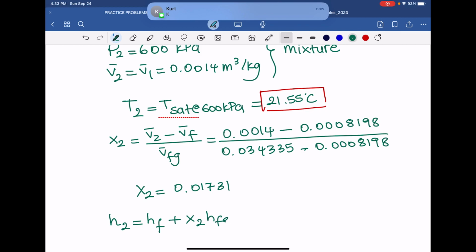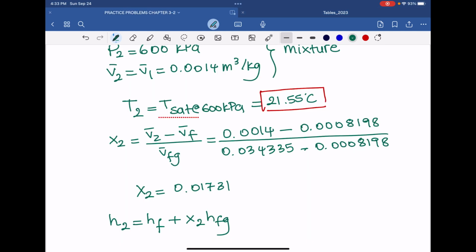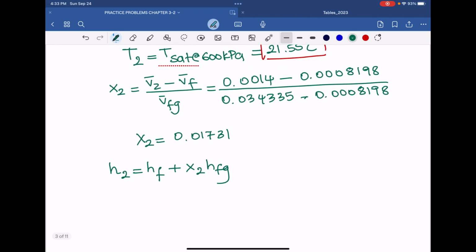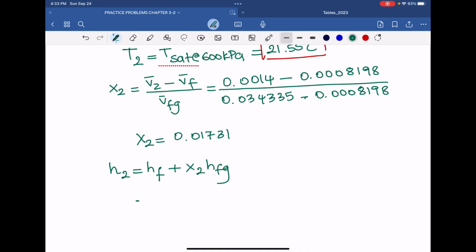x2 hfg. Now you go back and read hf and hfg from the table at that pressure and plug those values in. Okay, just like I showed you, right?